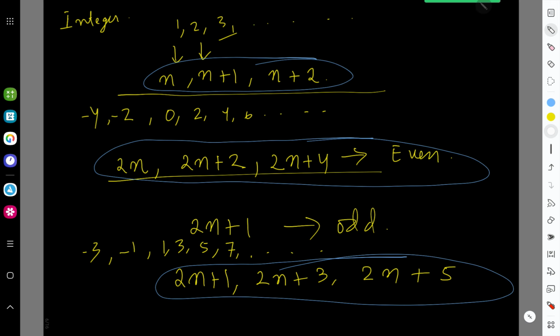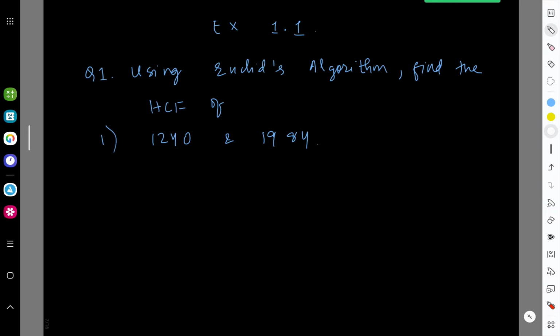So those are the three things that you need to know before you jump into the exercise. Now let us begin with exercise 1.1.